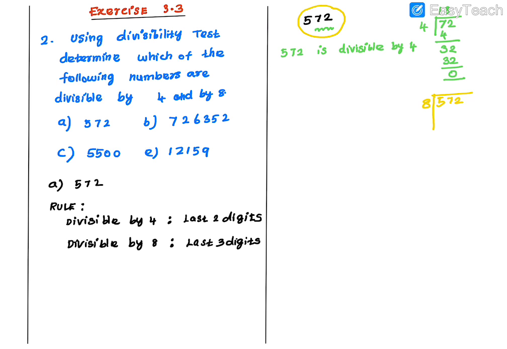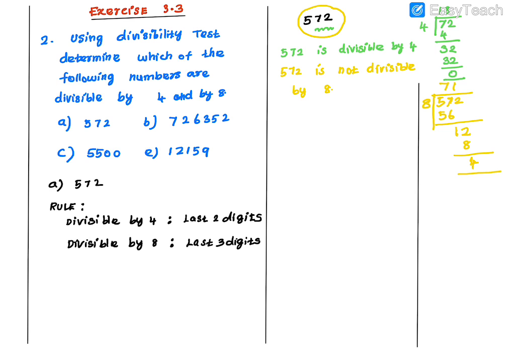First number 5, so take the next number too. 7 8s are 56, remaining 1, so 12. 1 8 is 8, remaining 4. The remainder is not 0, it is 4, a non-zero number. So the number 572 is not divisible by 8. Students, this kind of thing is all we have to do.